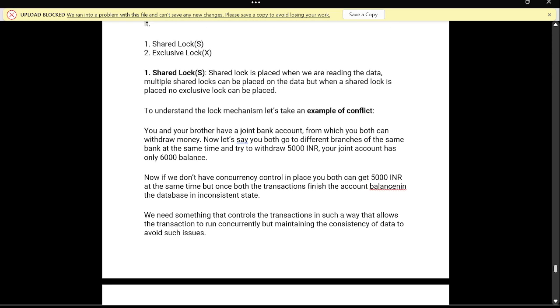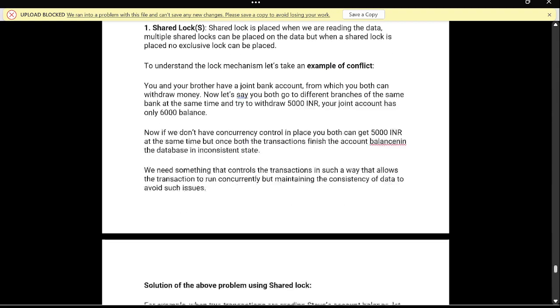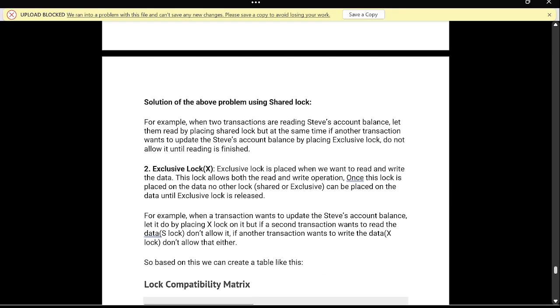To understand the lock mechanism, let's take an example of a conflict. The same conflict will be there; please check that. Let's see how to solve the problems with the shared lock. For example, when two transactions are reading Steve's account balance, let them read by placing a shared lock.